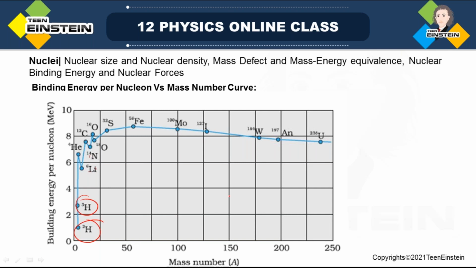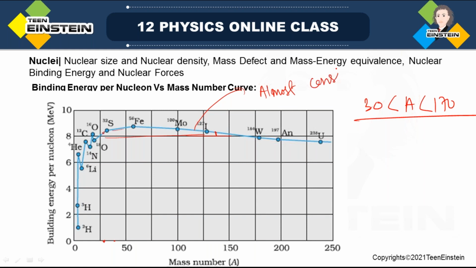Now if we look at the mass number in between about 30 and 170, from here to here, for all mass numbers the curve is more or less stable, up to 120 and beyond. You see this curve is almost constant, and it has a value of around 8.5 MeV.